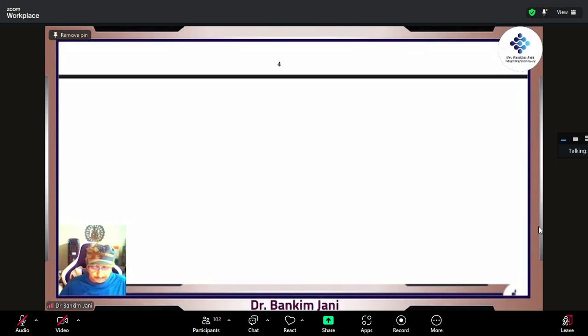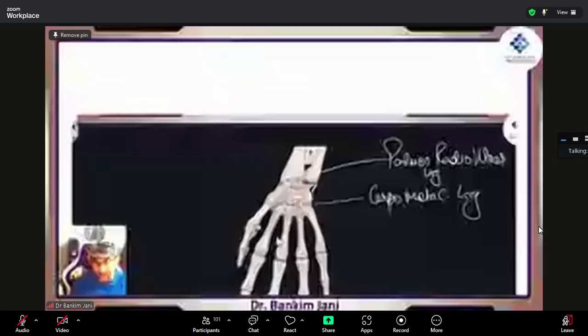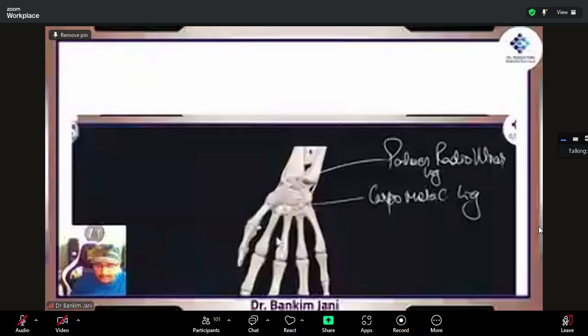One more, this is palmar radio-ulnar ligament. And in general, when we say carpal bones, they will be connected to metacarpals, correct? Carpals connected to metacarpals. So in general, we can also call them carpo-metacarpal ligament.